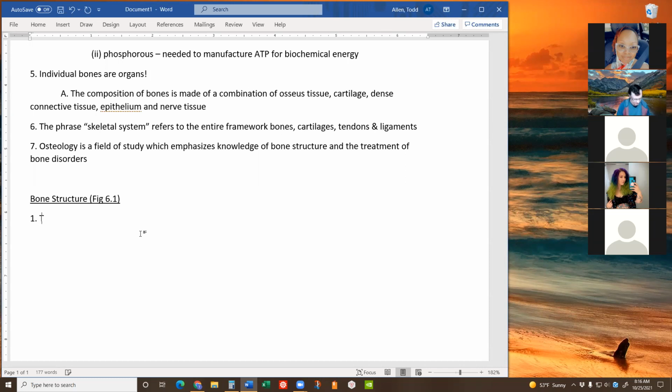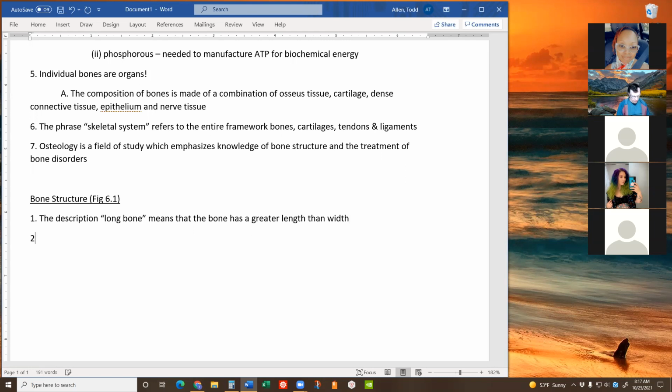Okay, so long bones have a greater length than width.